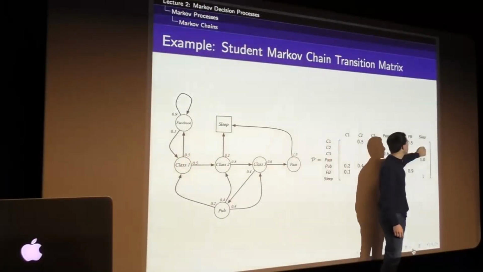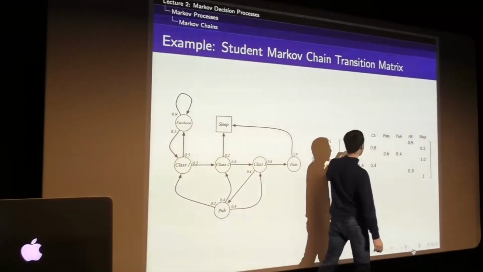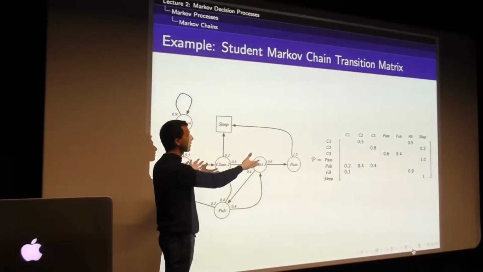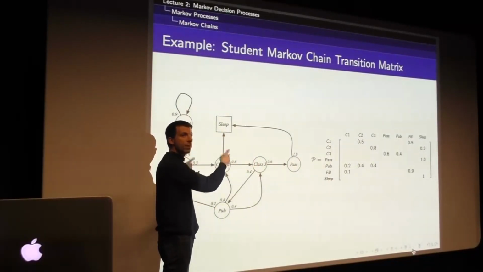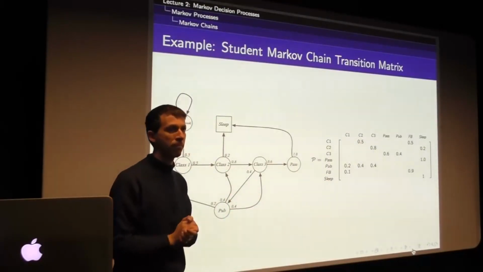But if we go across, there's also a 20% chance of transitioning to the sleep state. And if we look at all of the rows together, that fully describes the entire dynamics of the system. Once we have this matrix, we're able to sample repeatedly from it and get our samples of sequences of states out of this Markov process.